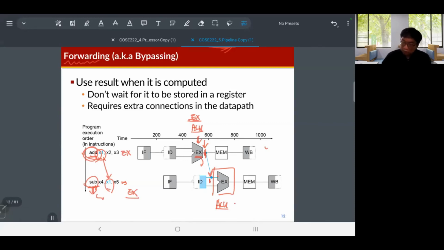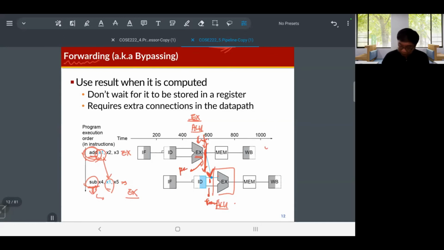If we compare, the result is produced at this point, and the result is required at this point. So this is the past, this is the future.